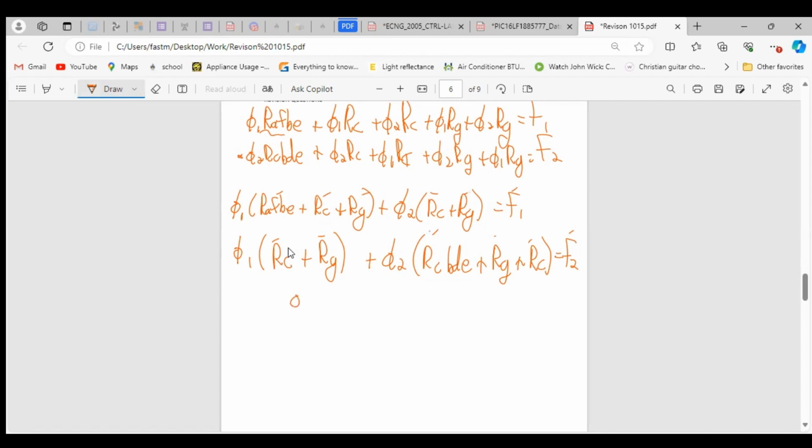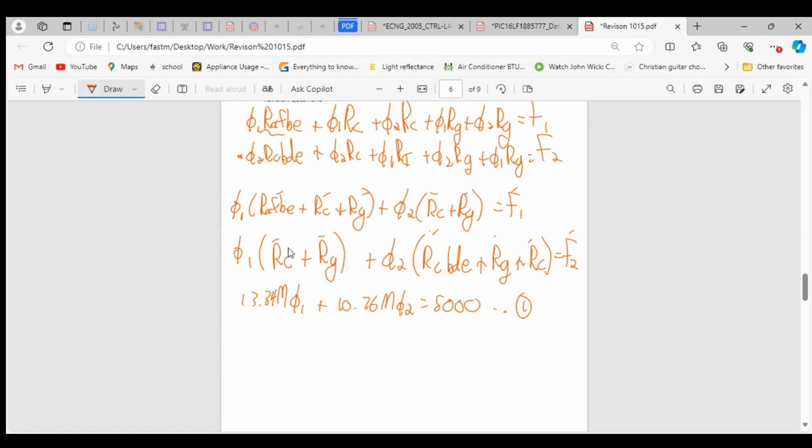So it'll be 13.34 mega phi 1 plus 10.76 mega, times 10 to the 6, phi 2, and that is equal to 5,000.